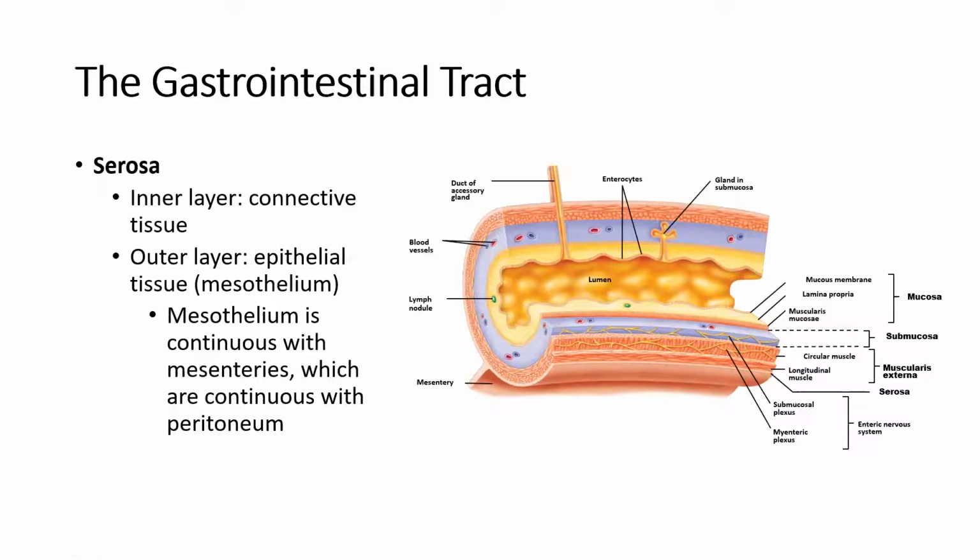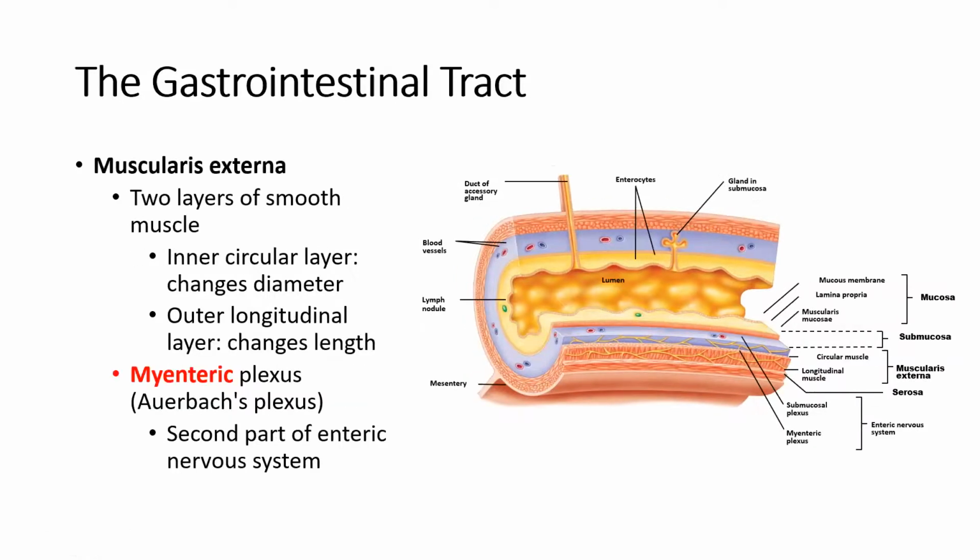And before we move on to the serosa, just to connect the function of the autonomic plexuses that are found here, if we think back to the autonomic nervous system that we talked about last semester, we talked about how the parasympathetic system increased gastric secretions and increased the motility of the GI tract.